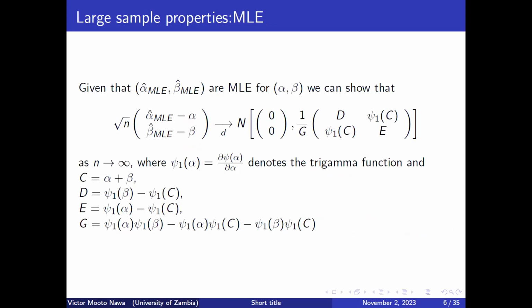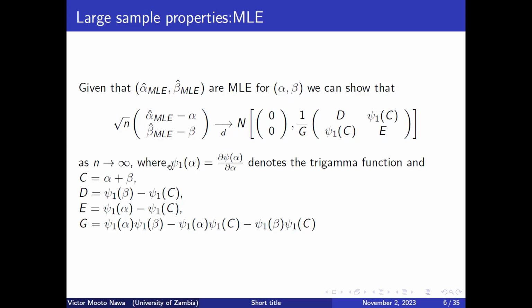We can further show that if alpha hat and beta hat are the maximum likelihood estimators for alpha and beta, then these estimators are asymptotically normally distributed with this covariance matrix. This covariance matrix is a function of trigamma functions.